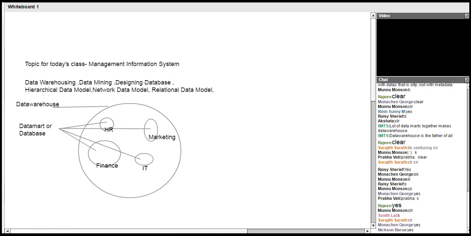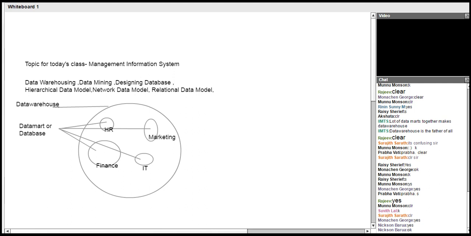And this is your company or organization as a whole. Do you all see this diagram? The finance, the HR, the marketing, the IT: this is your company.